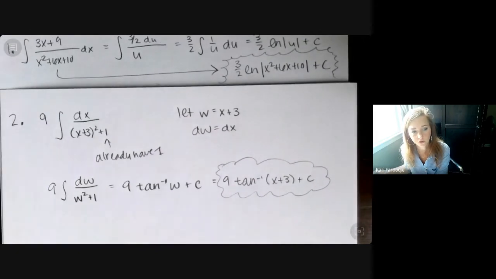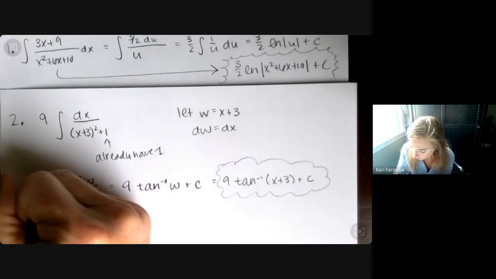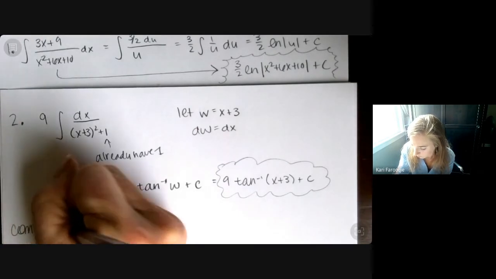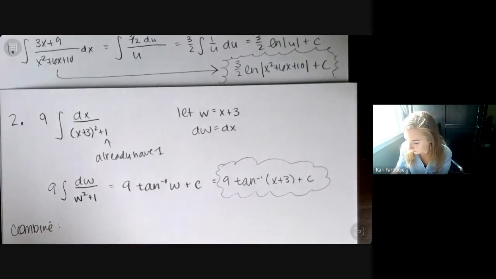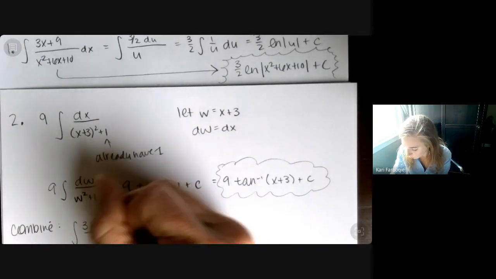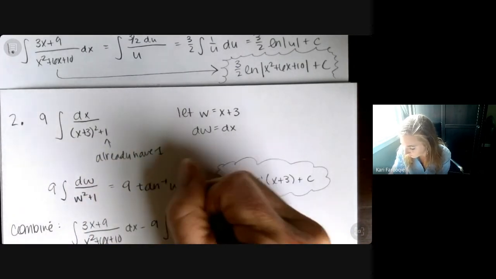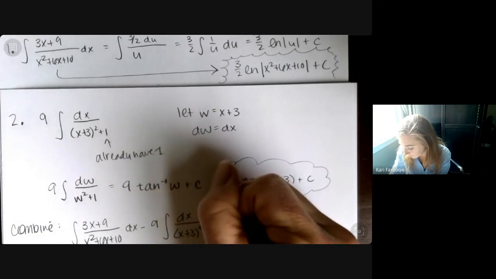Now, to finish the problem, we're going to combine these two. Again, I'm just going to rewrite this so you can see exactly where everything is coming from. I know, so much rewriting, but I think it helps make things clear.